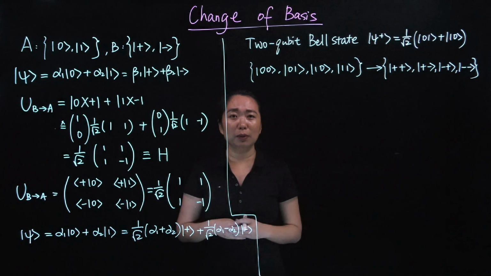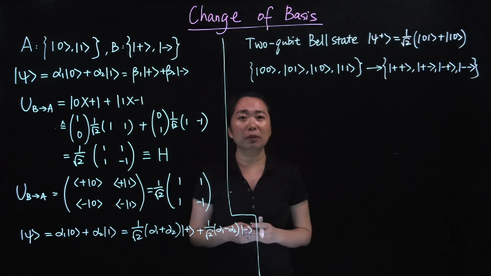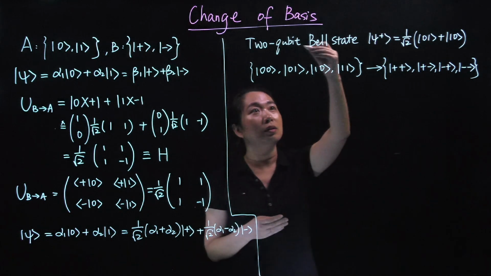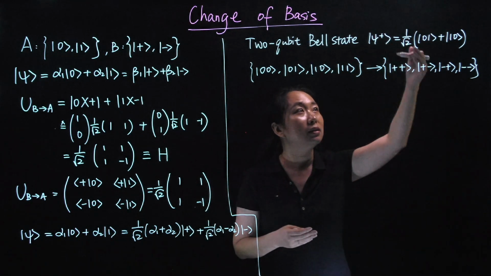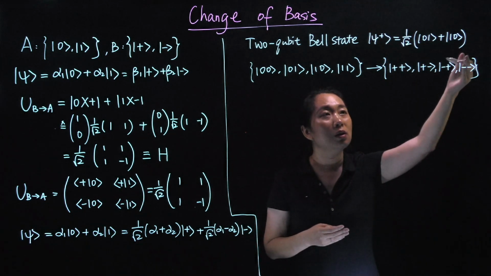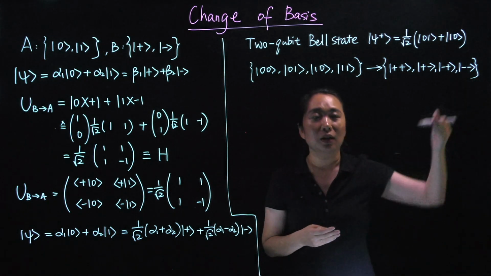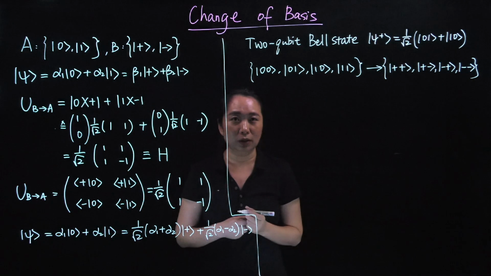We can now apply this formalism to higher dimensional systems. The example that we have seen previously was to represent the 2-qubit Bell state psi plus in the form of 1 over square root 2, (0, 1 plus 1, 0) in the plus minus basis. Let's now see how we can do this with the general formalism.